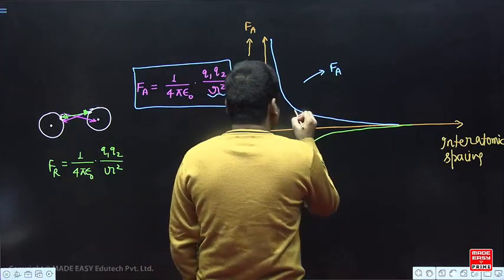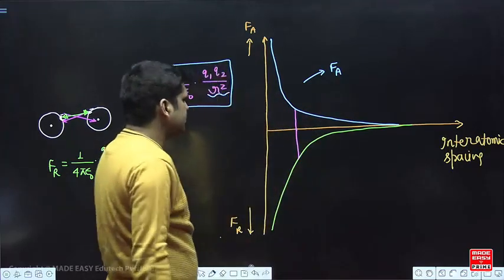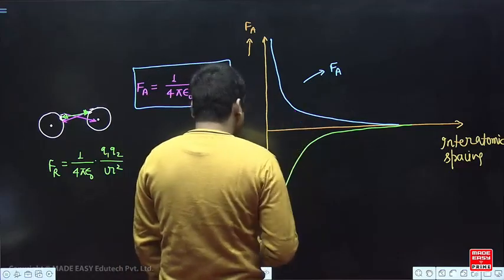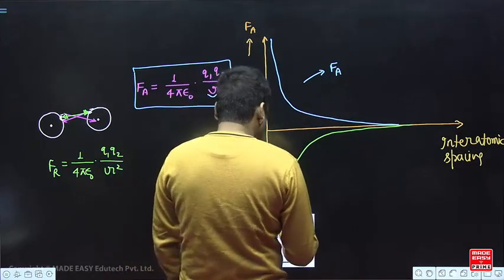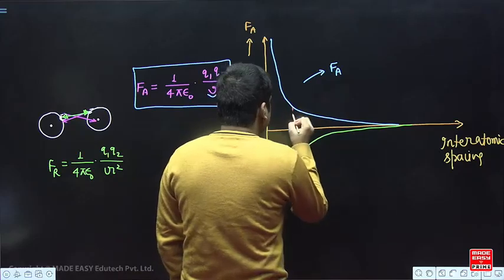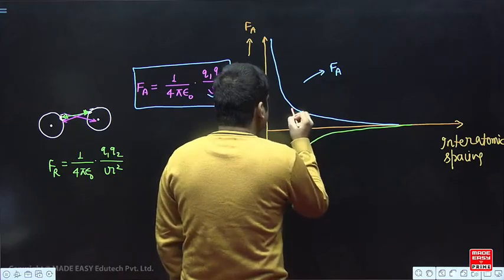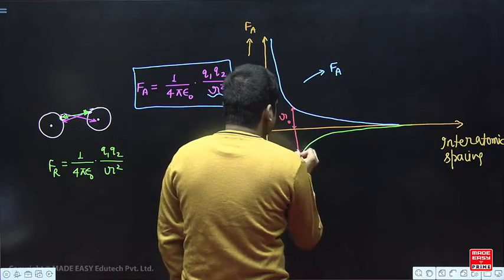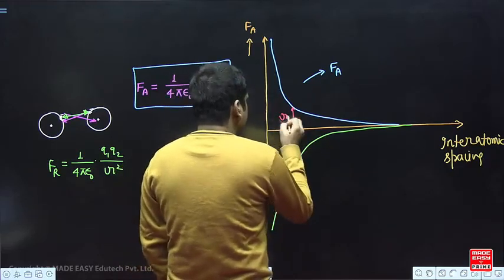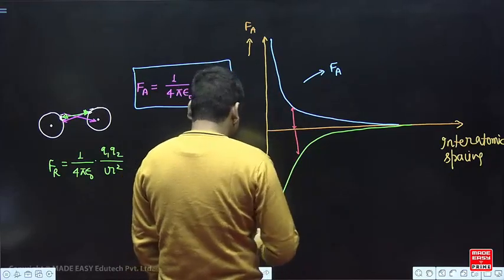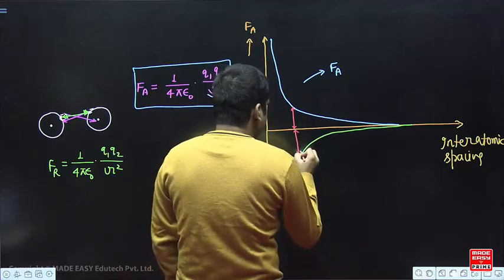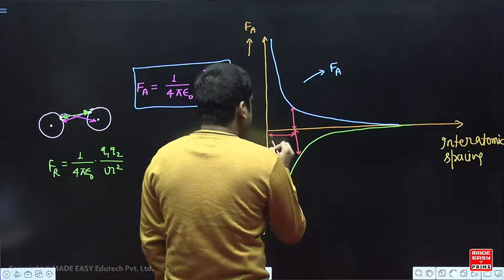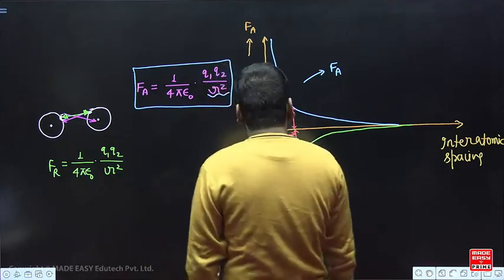Let us suppose at this point, the force value is same. This is Fa and this is Fr. So, magnitude of Fa and Fr is same at this interatomic distancing.